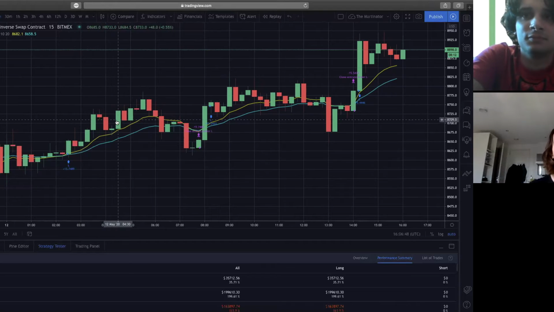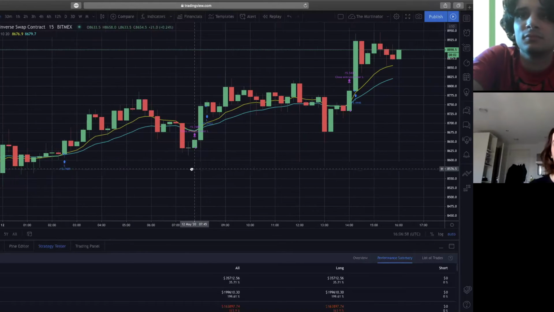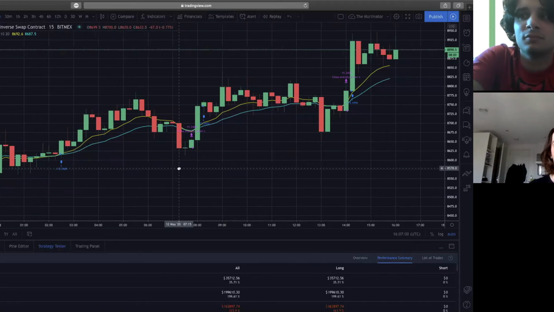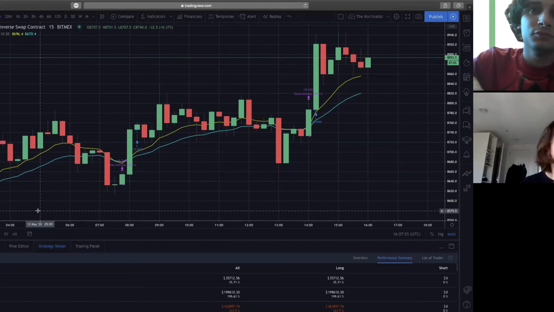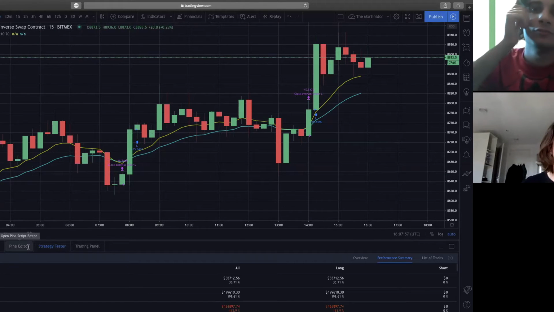And this indicates a trend. And then when the cross happens the other way around, you could sell. This is one of the basic things you can always use as one of your indicators. And you can always write your own strategy in the Pine editor.